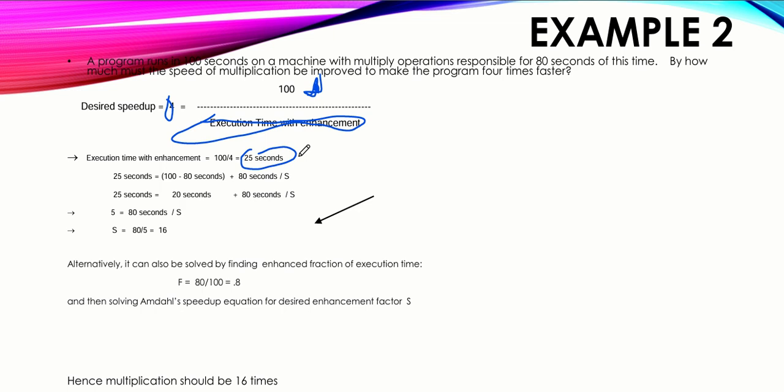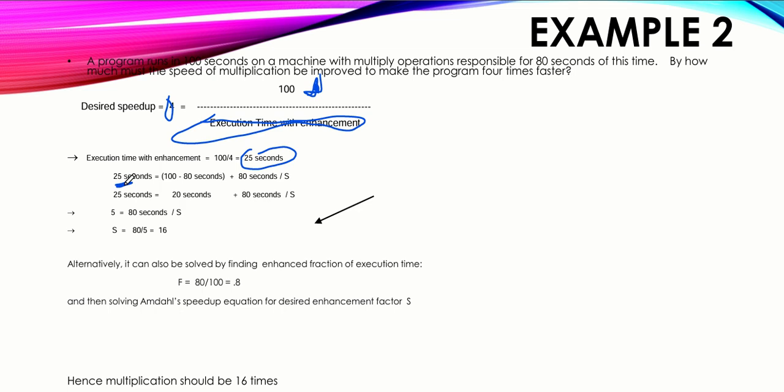Now we go back to Amdahl's law, or it's actually just logical at this point. Remember that our machine, which was running at a total of 100 seconds, is now coming to run at 25 seconds according to our new specifications. It comes to run at 25 seconds because we are going to make an improvement on a specific hardware, the multiplying hardware.